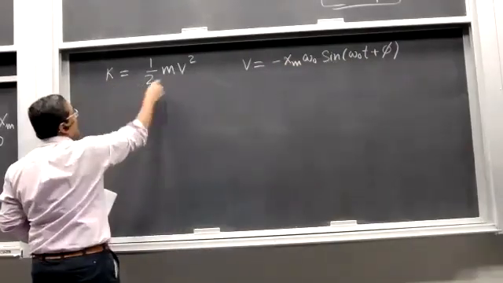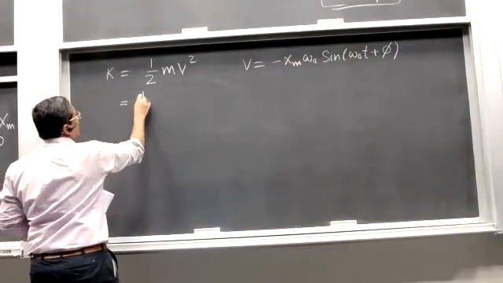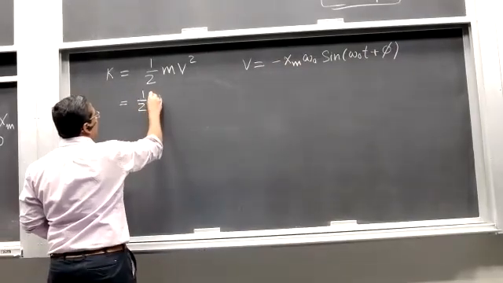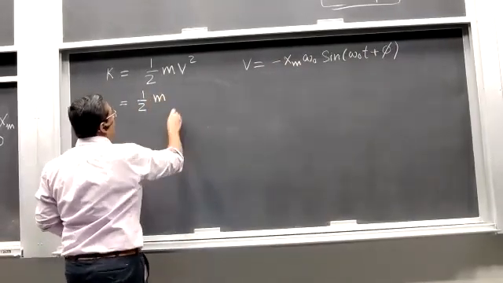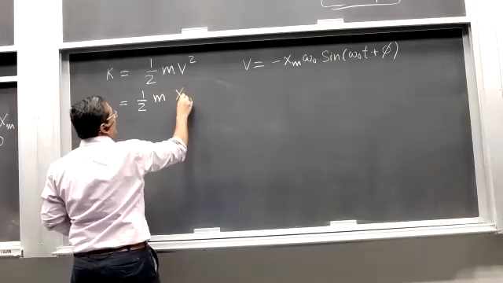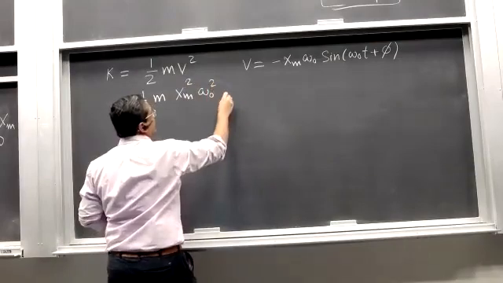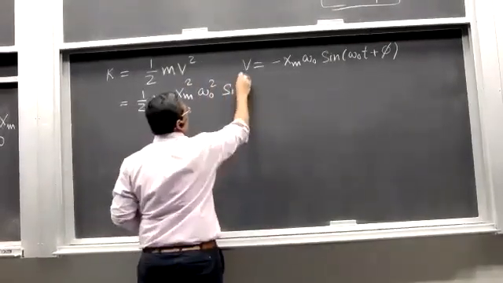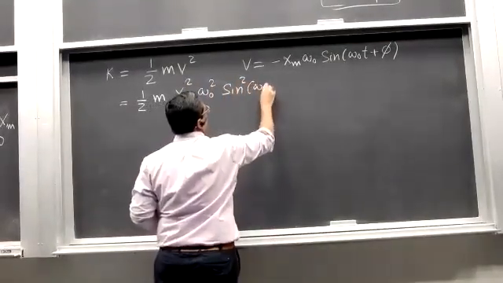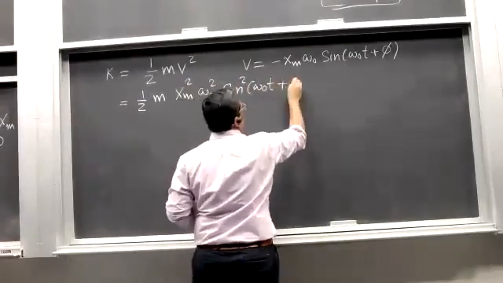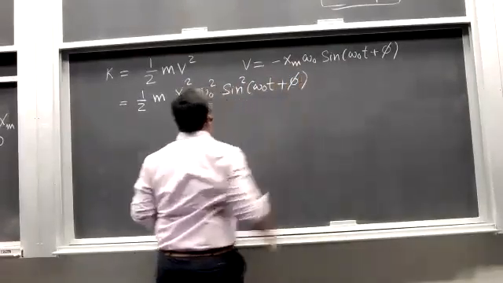So plug that v in here, and then you will get half m xm squared omega naught squared sine squared of omega naught t plus phi, right?